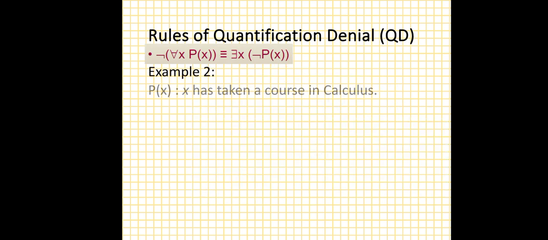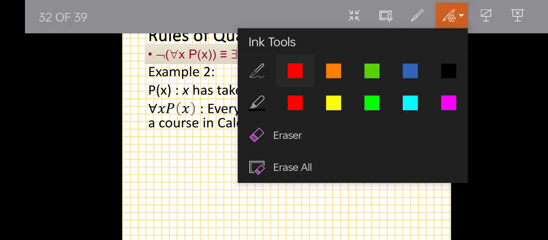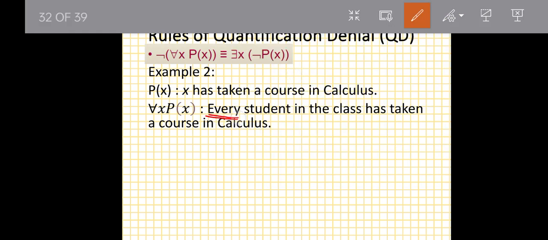So, for example, we have this statement. P of x is x has taken a course in calculus. And, translating this into a universal quantification, we have every student in the class has taken a course in calculus. So, every, so we need to say all, no?